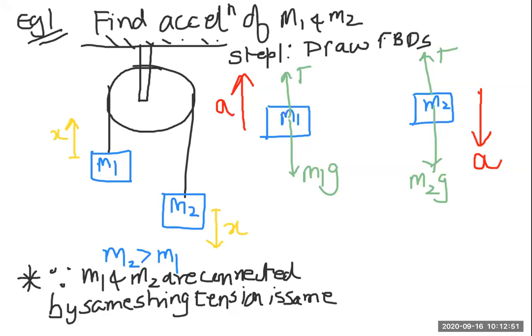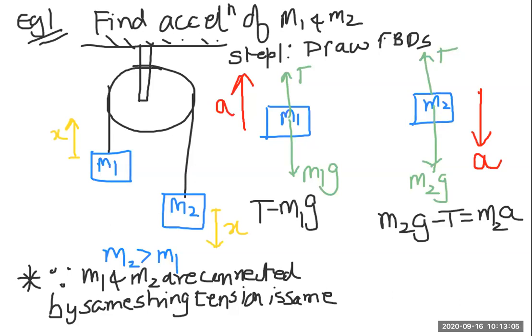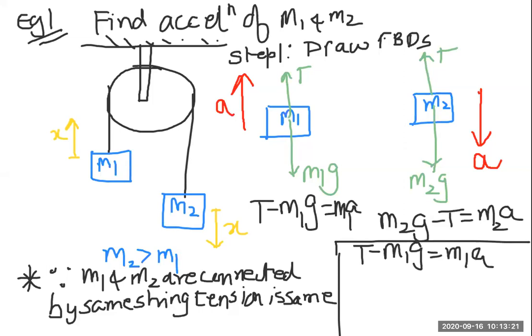So for this guy, I will write M2G minus T is equal to M2A, and for this guy, I will write T minus M1G is equal to M1A. दोनों इक्वेशंस को मैं एक दूसरे के नीचे लिख देता हूँ, तो मेरे पास आएगा T minus M1G is equal to M1A and M2G minus T is equal to M2A, and I will add these two equations.